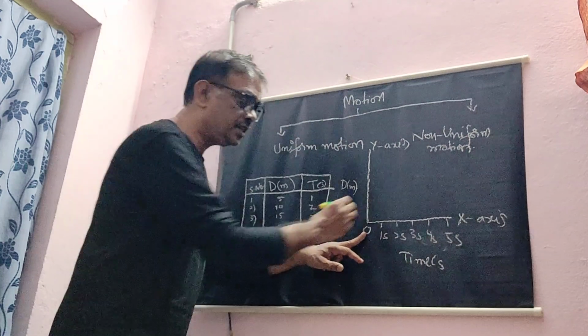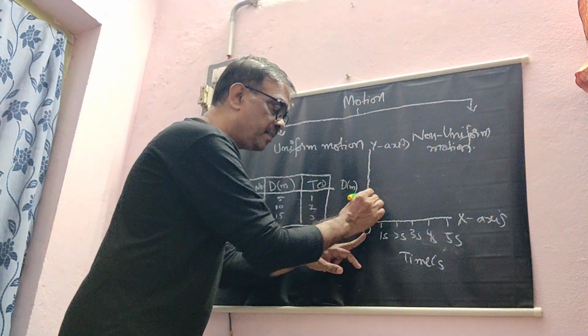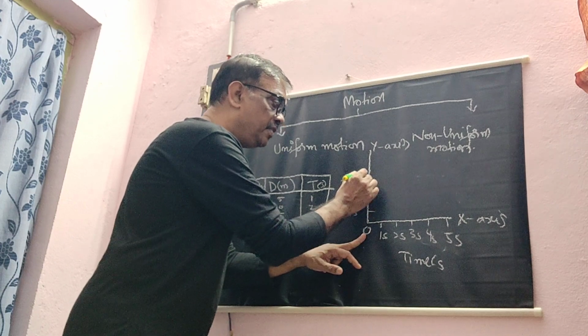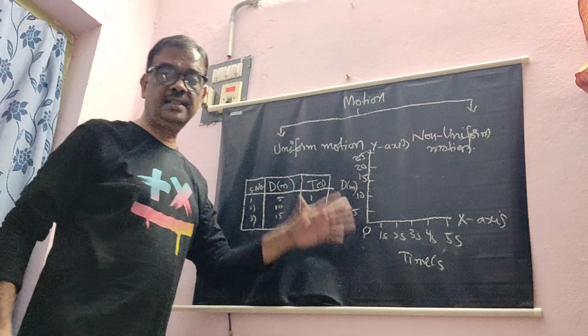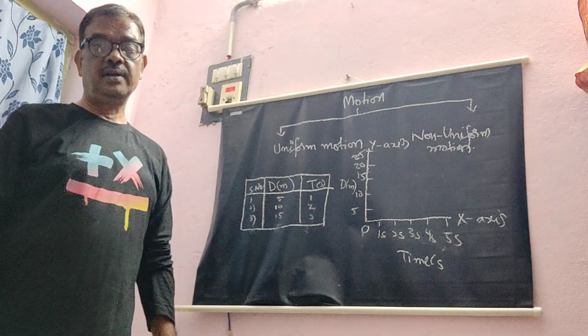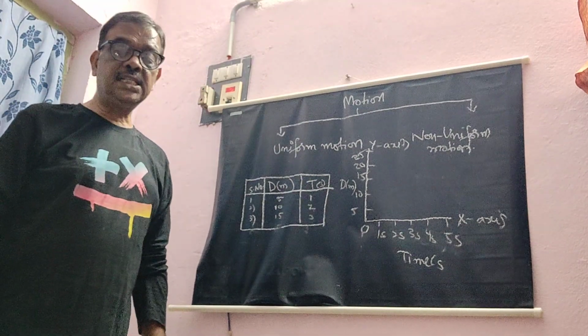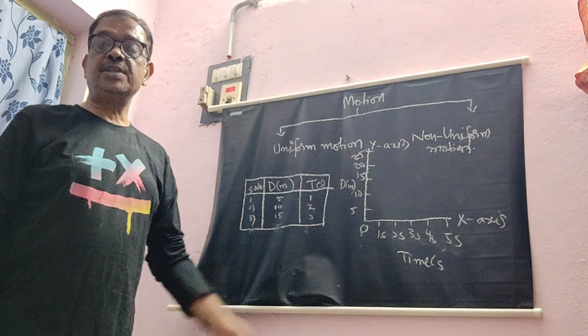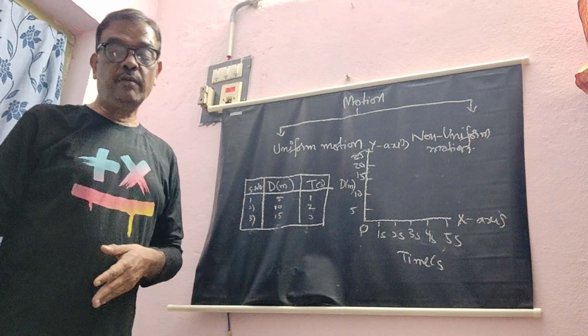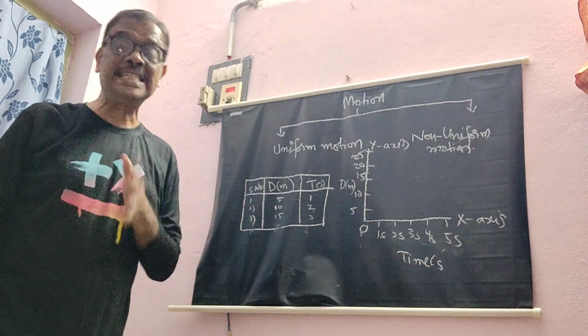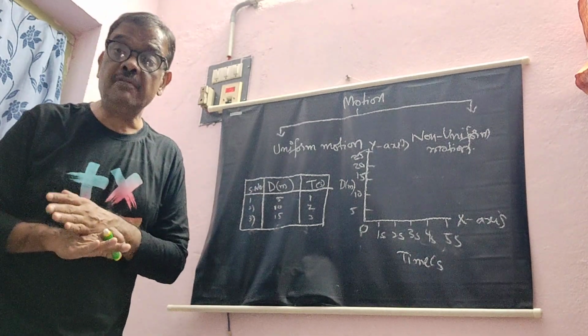It is covering equal distance: 5 meter, 10 meter, 15 meter, 20 meter and 25 meter. Like this, you can plot a graph between distance and time. Distance is taken on the y-axis because it is the dependent physical quantity, whereas time is taken on the x-axis because it is the independent physical quantity.